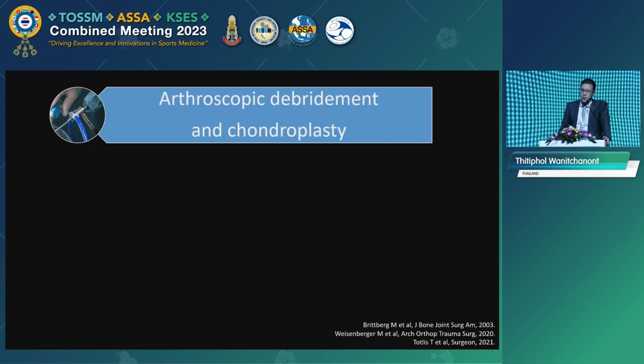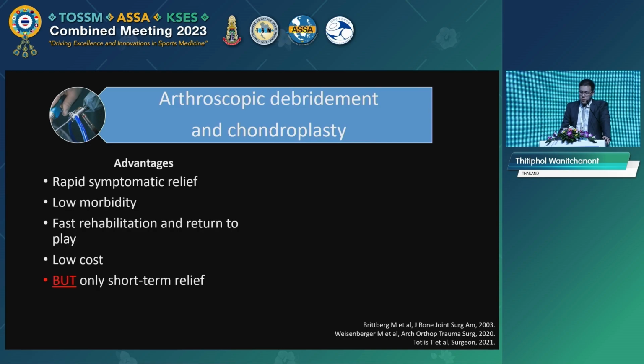For arthroscopic debridement and chondroplasty, the advantages are rapid symptomatic relief with low cost and low morbidity. It has fast rehabilitation and a shorter period for return to play. But it gives only short-term, temporary symptomatic relief.